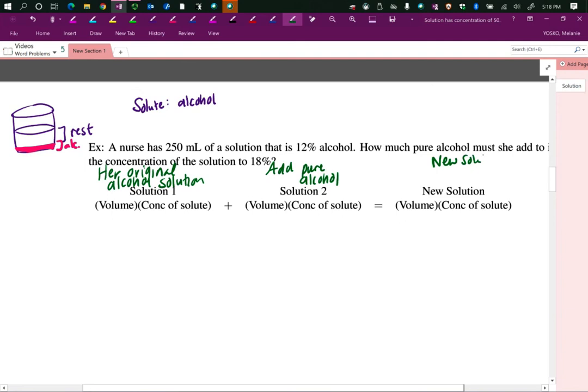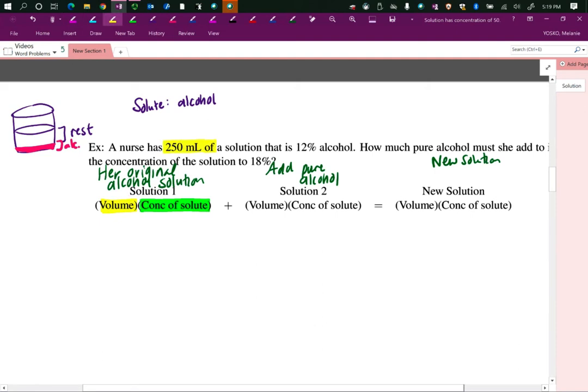We're going to go piece by piece. The first solution is the original alcohol solution. We need the volume and the concentration, and we already know the solute is alcohol, so the concentration of alcohol. A nurse has 250 milliliters of a solution that is 12% alcohol. Do we have the volume of the alcohol solution anywhere in here? Yep.